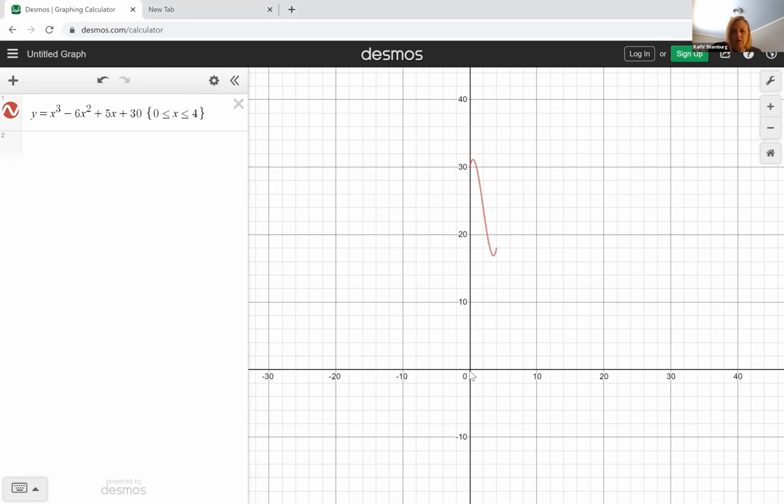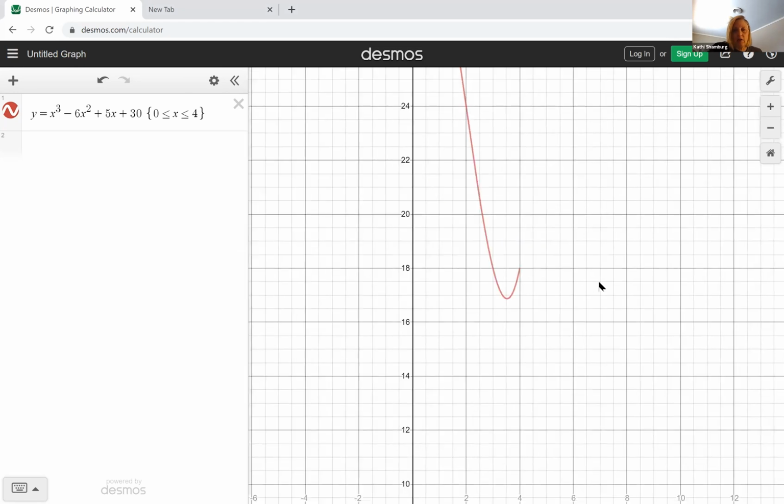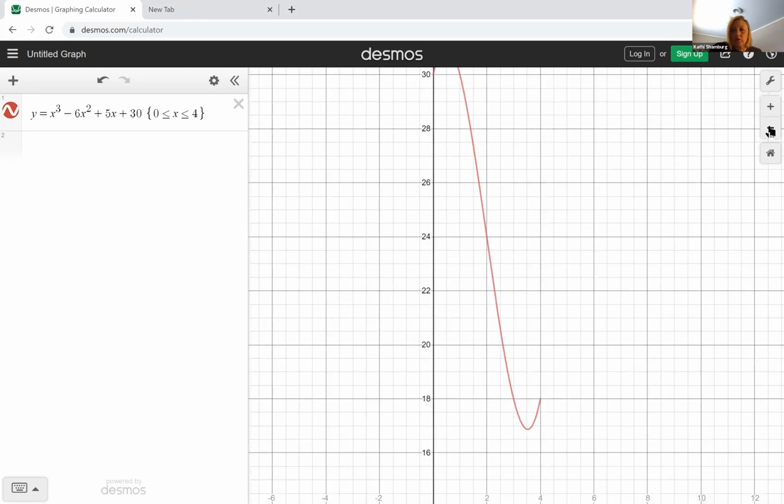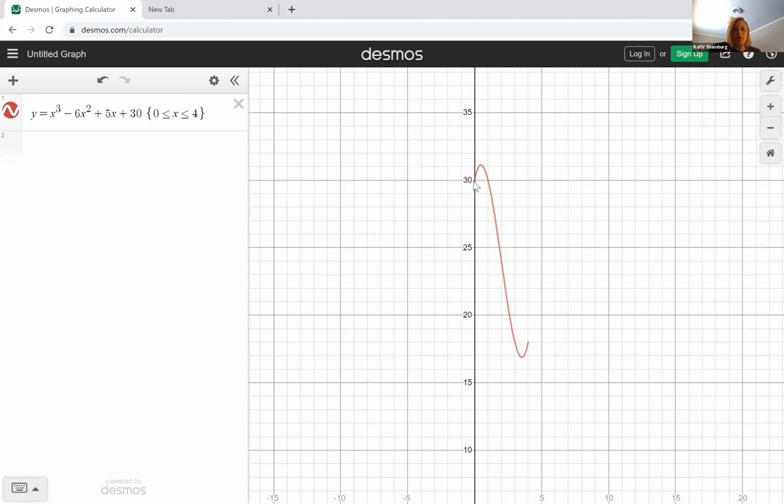So here's 0, 2 seconds, 4 seconds. So you can see we're just going from 0 seconds to 4 seconds. So I wanted to give you that. And here is what we, whoops, went too close. Now here's what the 30 is. That is your number of inches from the ground.